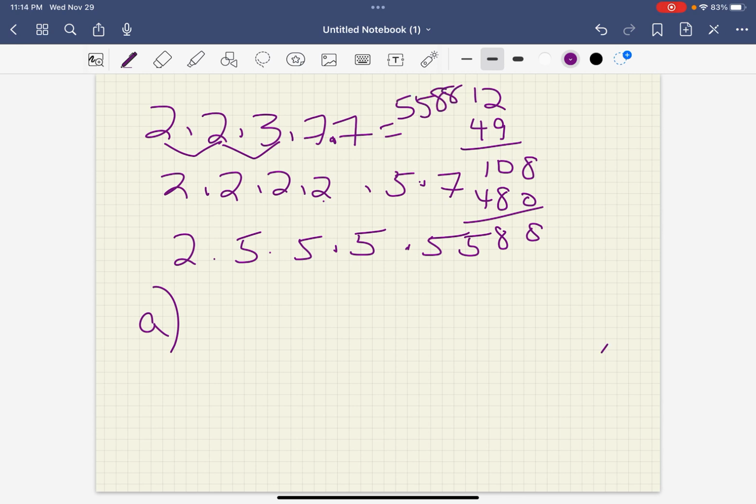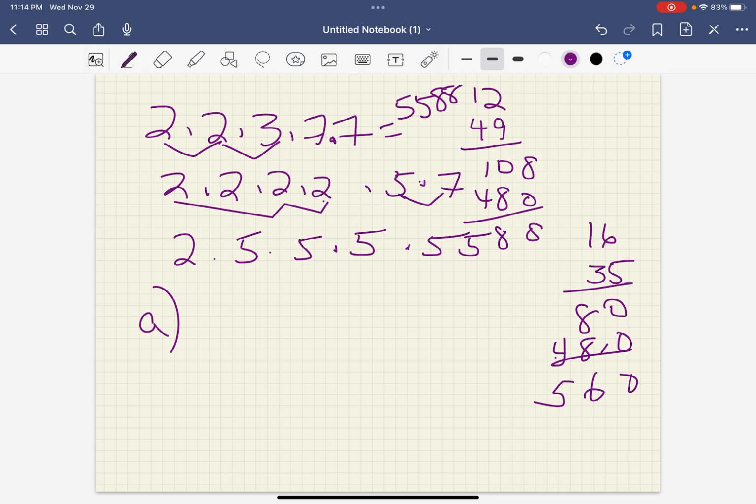This next one, 2 times 2 times 2 times 2 is 16 times 35, so okay, so that one is 560. And then the last one, so 5 times 5 is 25 times 5 is 125.